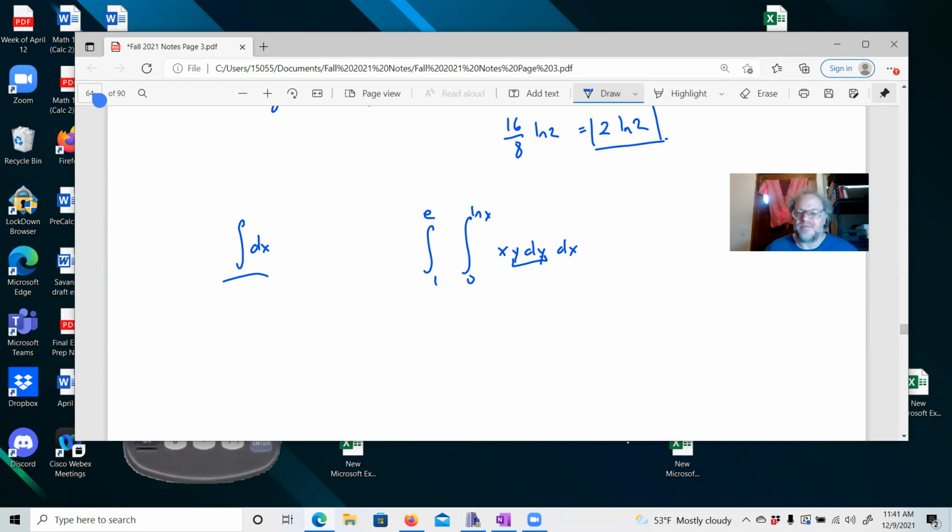When you have these sorts of problems, if you want to change the order, you're going to have to graph it. I don't want to change this.